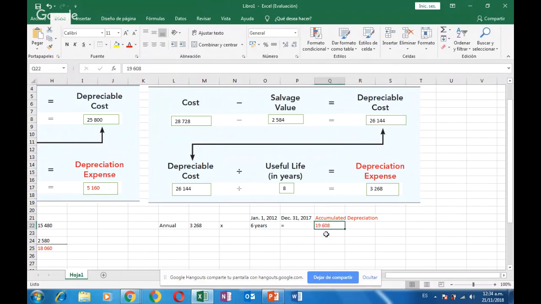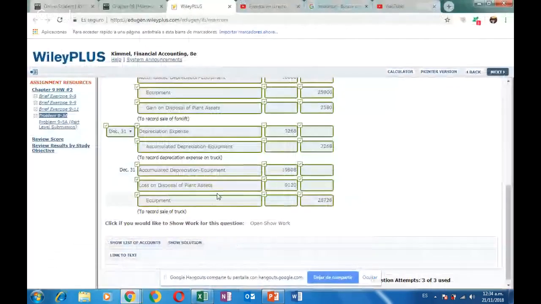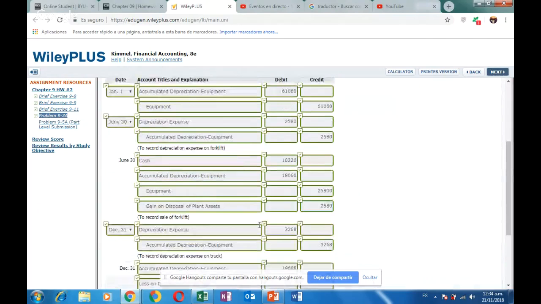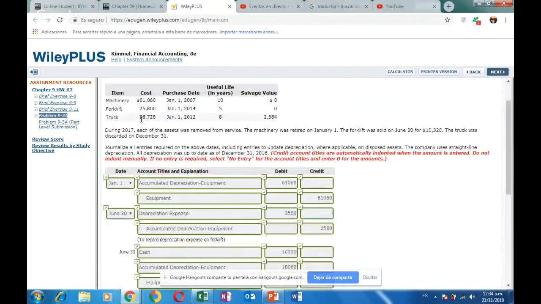And then we will credit the equipment account, because the truck's original cost was 28,728.